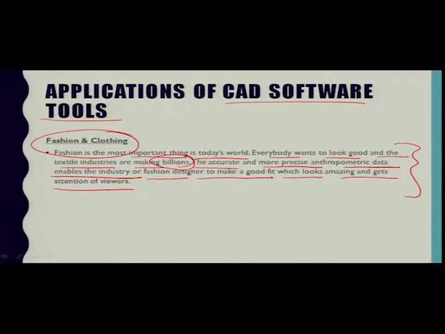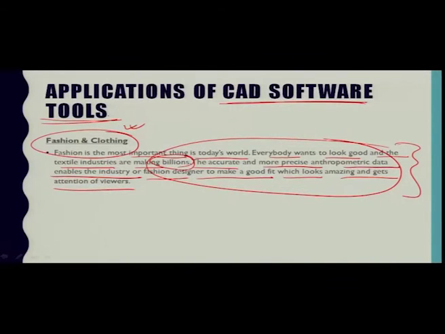So nowadays people are running in this category, and these CAD software tools are giving a lot of help in designing clothes and making a good fit in order to have the proper attention of viewers.